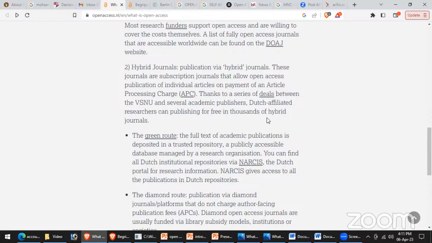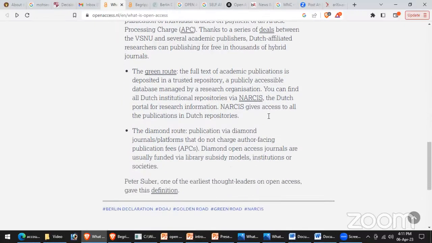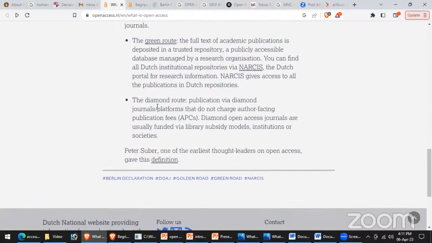Hybrid journals are nothing much to do. And now coming to your diamond, this one is your diamond. Diamond is funded through the library only, or a subscription model, or industrial support. If anybody is having industrial funding, if any DST is funding you, if any research paper has gone through a DST approval, then this type of paper has to follow your diamond route.